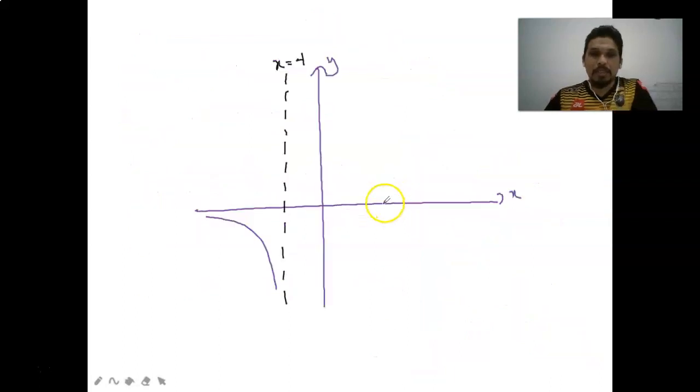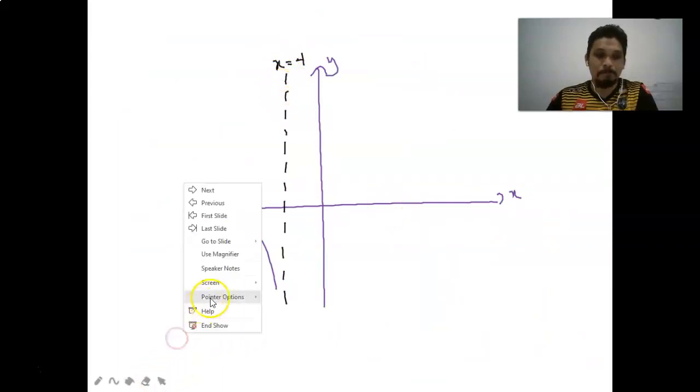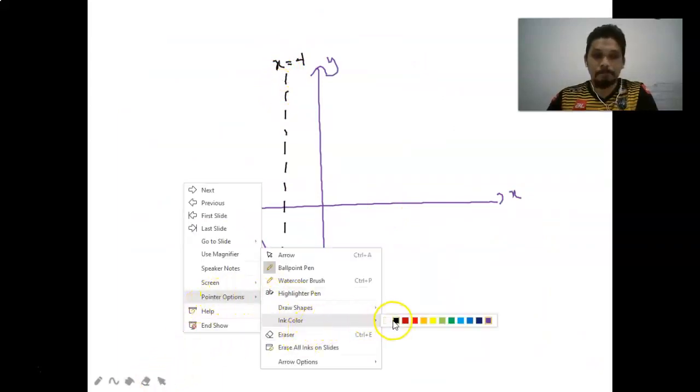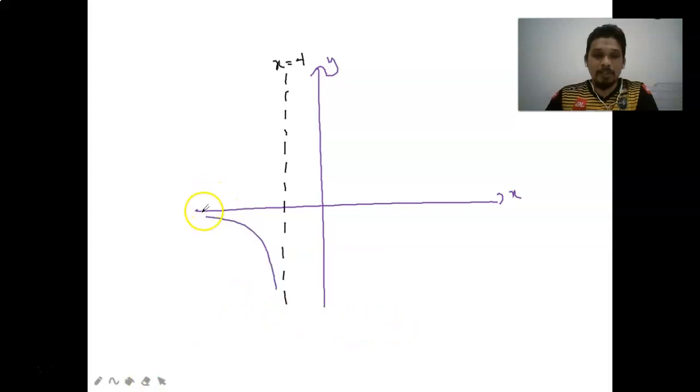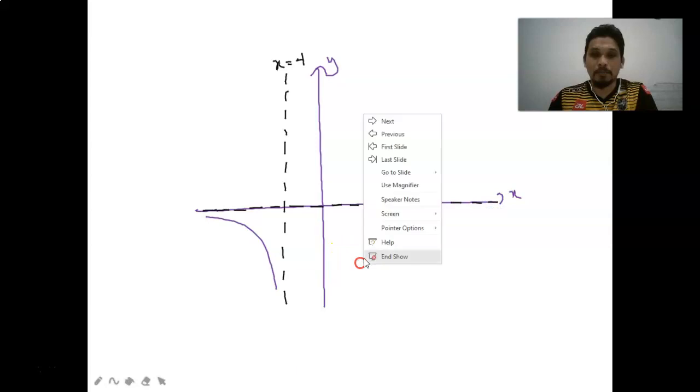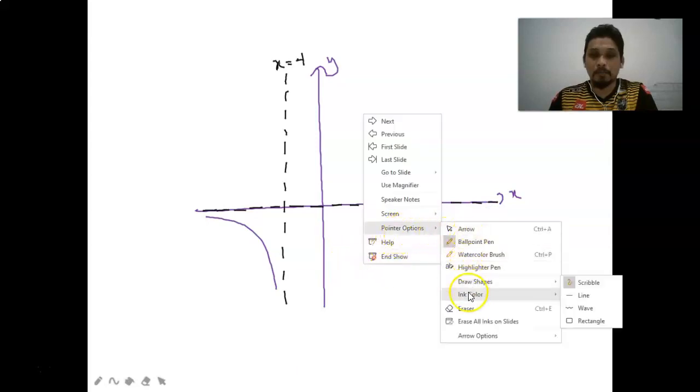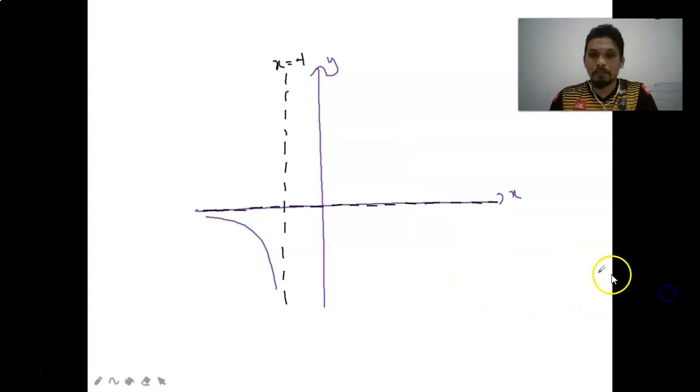So there's only one vertical asymptote here, and the horizontal asymptote is along the x-axis for y equals 0. Okay, so then the graph slides down at x equals 1 here.